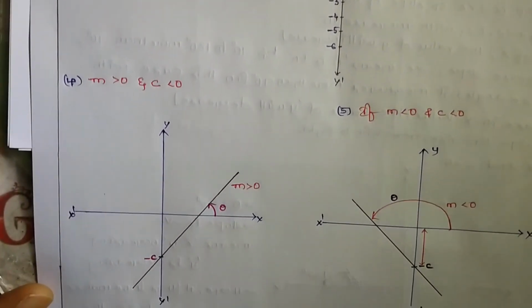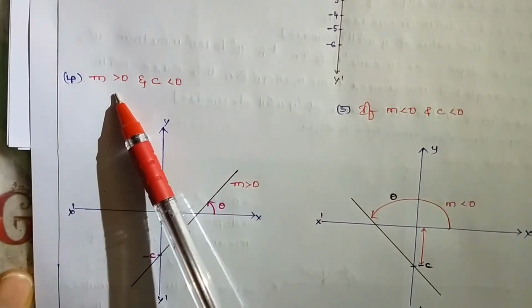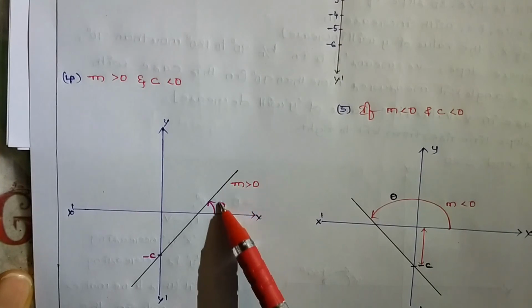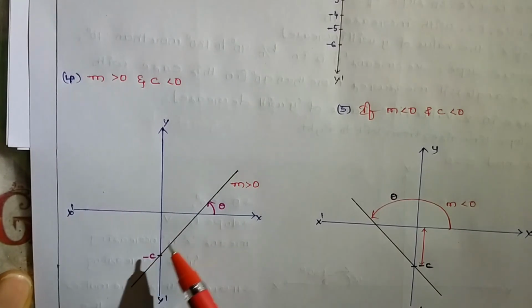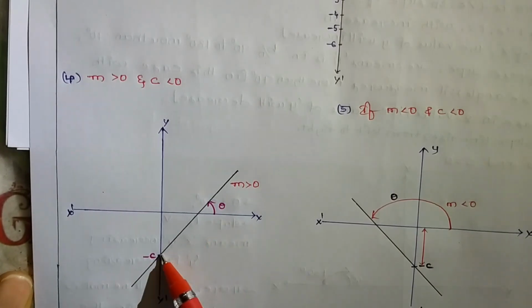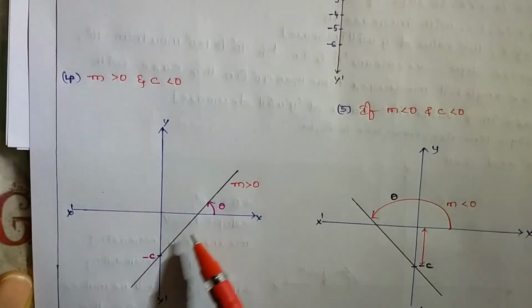In another example, here slope is greater than 0 and intercept is less than 0. Intercept is on the negative side. The graph will look like this. If intercept is on the negative side and slope is greater than 0, the graph will look like this.